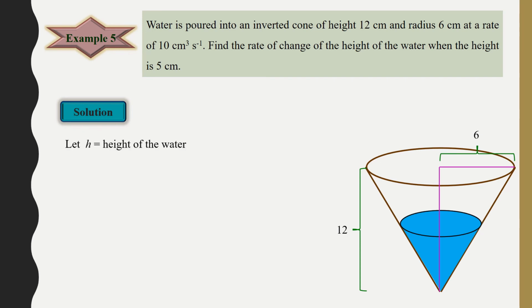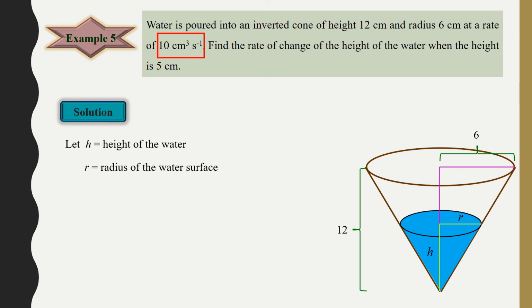and let H equal the height of the water. So water is poured into the cone, so H is the height of the water, ketinggian air. Then R is the radius of the water surface, radius untuk permukaan air. The information we have is 10 cm cubed per second.